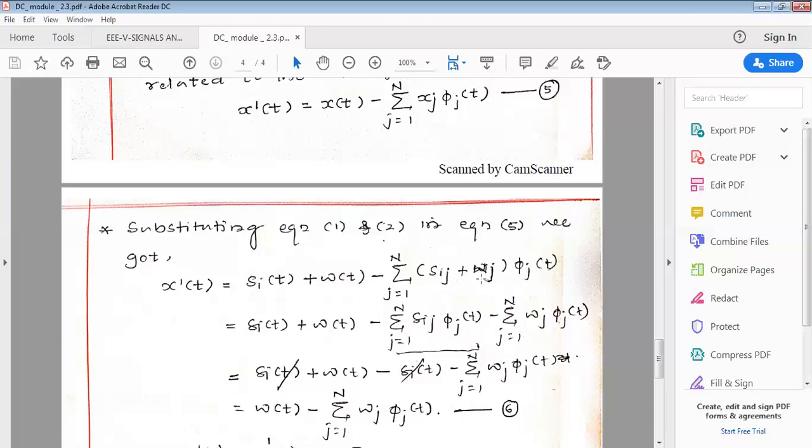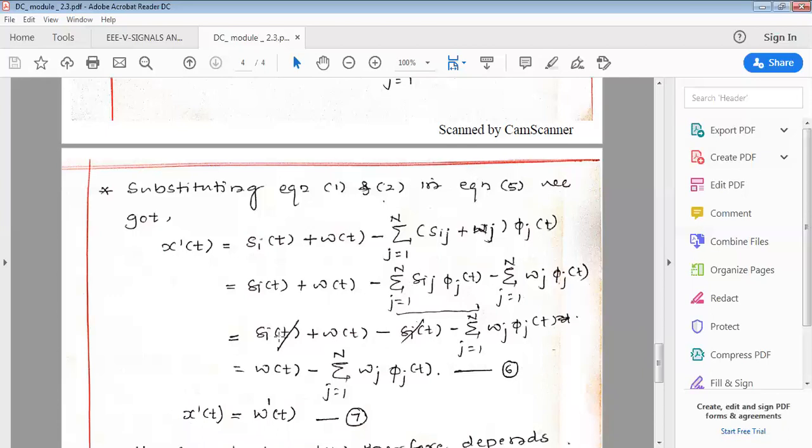So this sij is multiplied with phi j of t, then minus a summation j equal to 1 to n, this wj which is multiplied by phi j of t. And now, again keeping the first two terms as they are, next minus, we know that summation j equal to 1 to n sij into phi j of t is given by the signal si of t, or simply the ith signal si of t, minus we'll keep the second summation term as it is, j equal to 1 to n wj phi j of t.